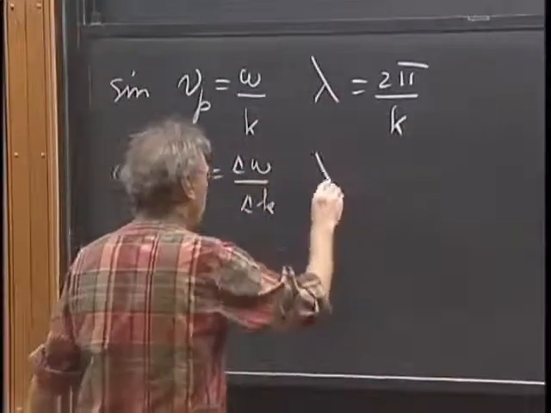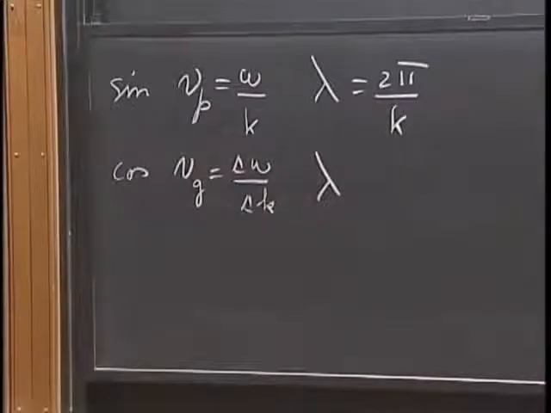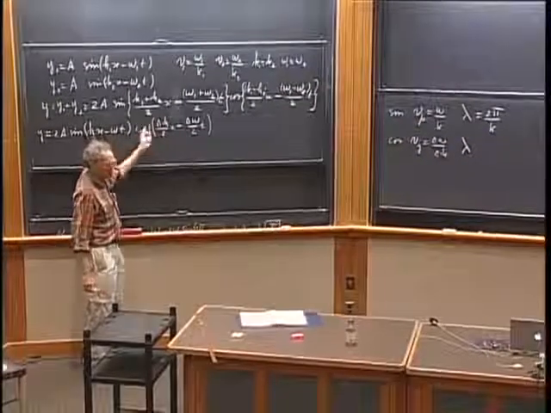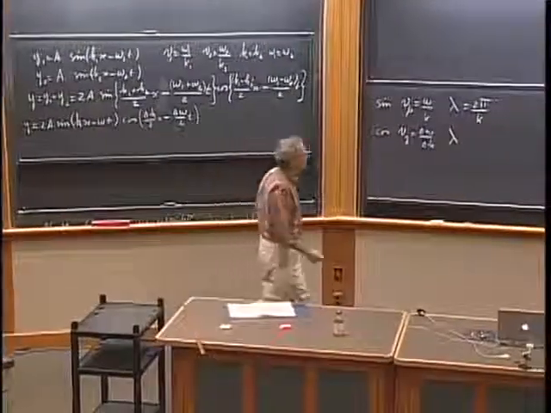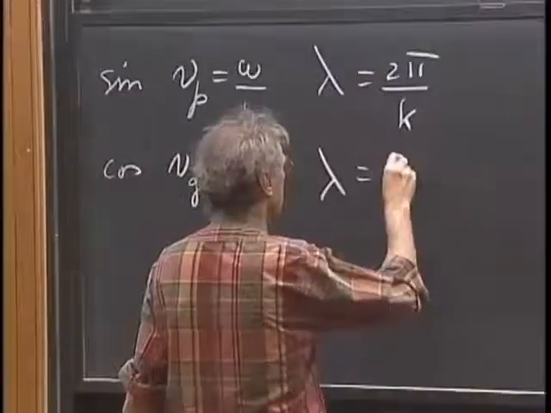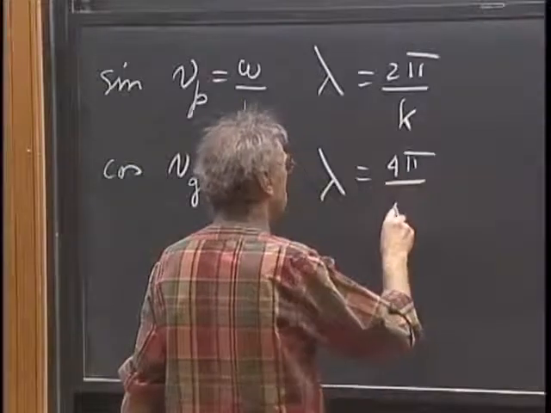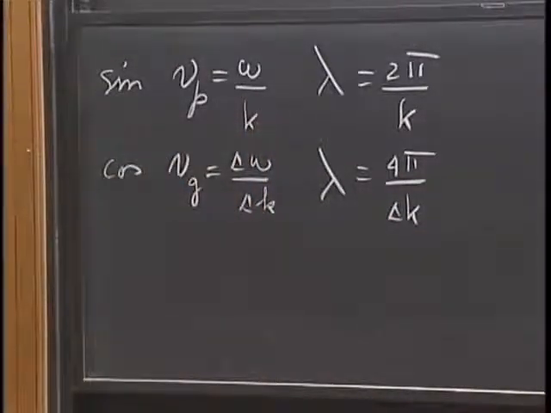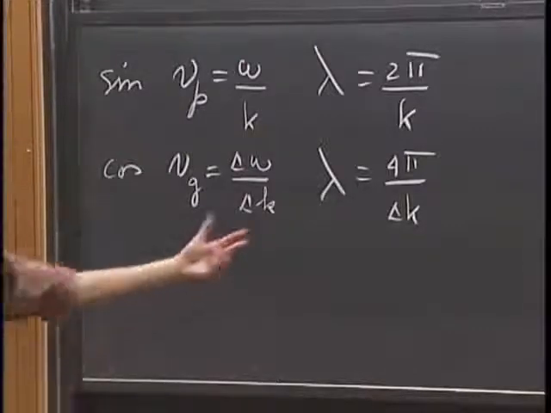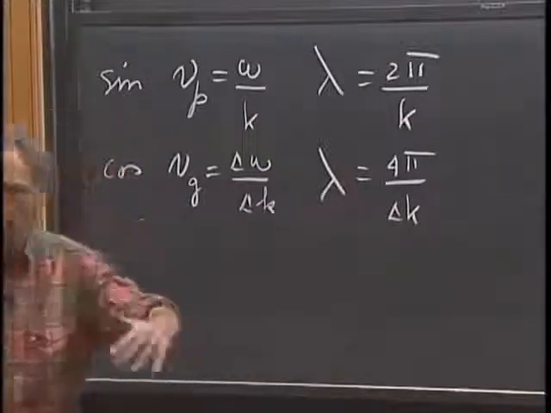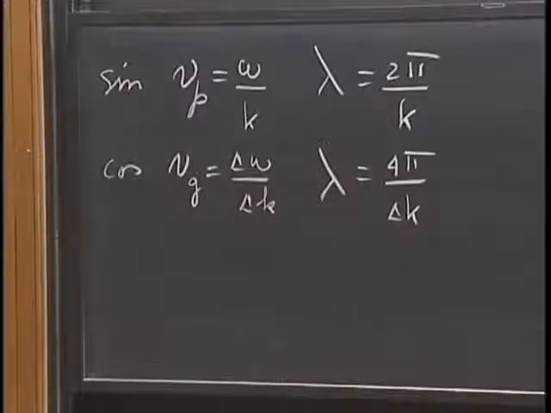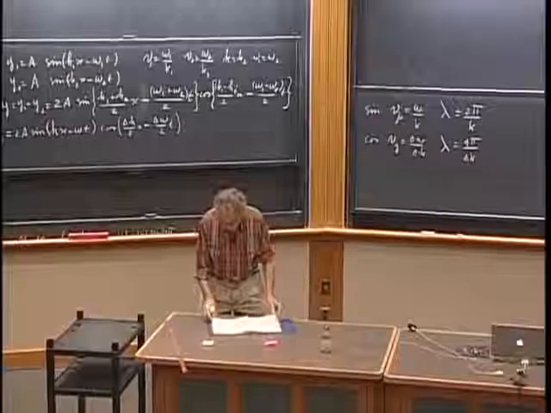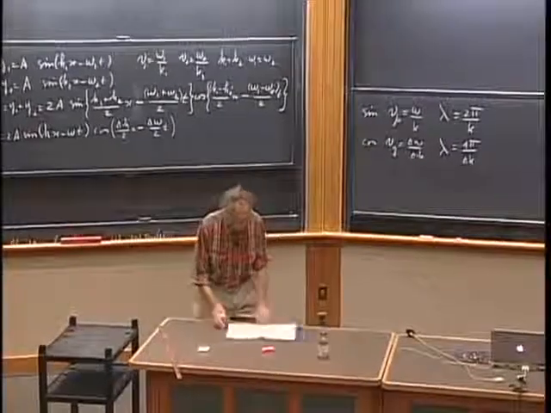And if you think of the wavelength, the repetition pattern of the cosine function, that is 2 pi divided by this k. So that is 4 pi divided by delta k. And if delta k is very small, then this wavelength, the repetition of the cosine, is way longer than the wavelength of the sine curve.